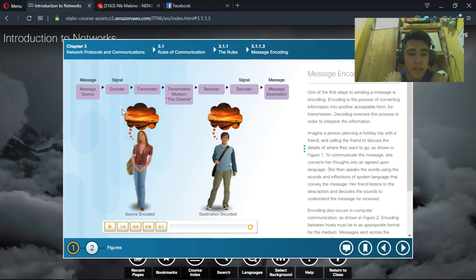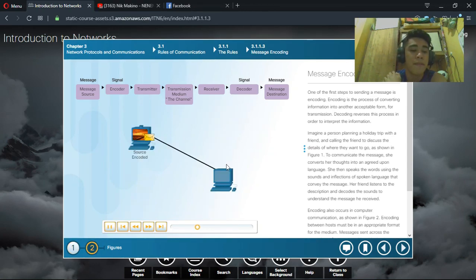So she visualized a sunset, and he will decode it and also visualize the sunset. Now on this computer, the computer will send a picture of a sunset. So the computer will encode it, then the destination computer will decode it and display a sunset also.